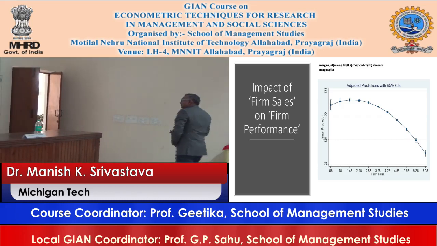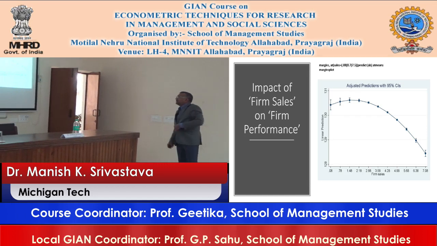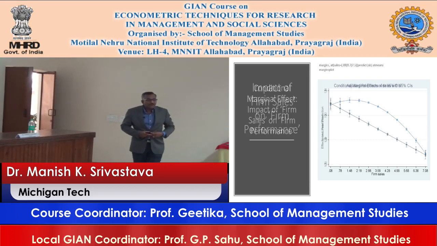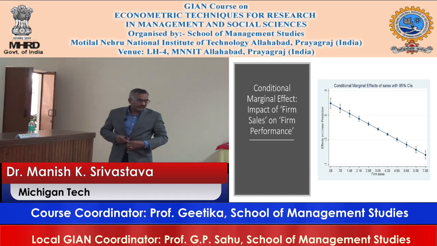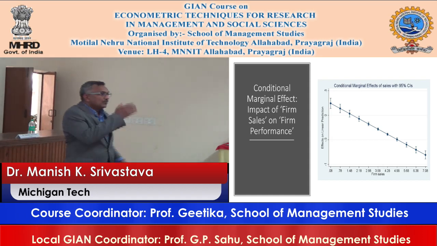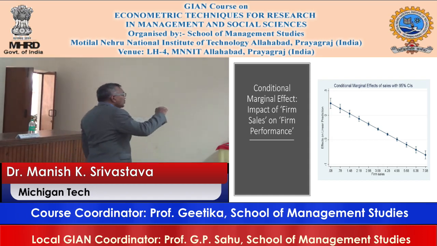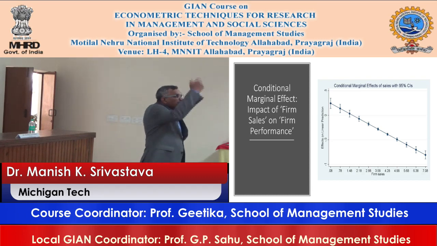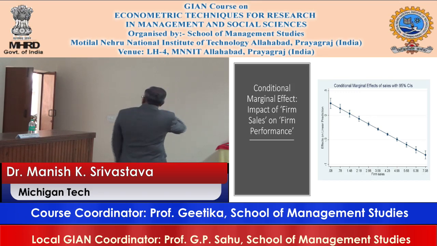Okay? Now I'm doing it, and I'm looking at the average marginal effect. Okay? So the average marginal effect is essentially the slope, dy by dx. You compute the slope as an incremental change at every point, to see how the slope is changing.